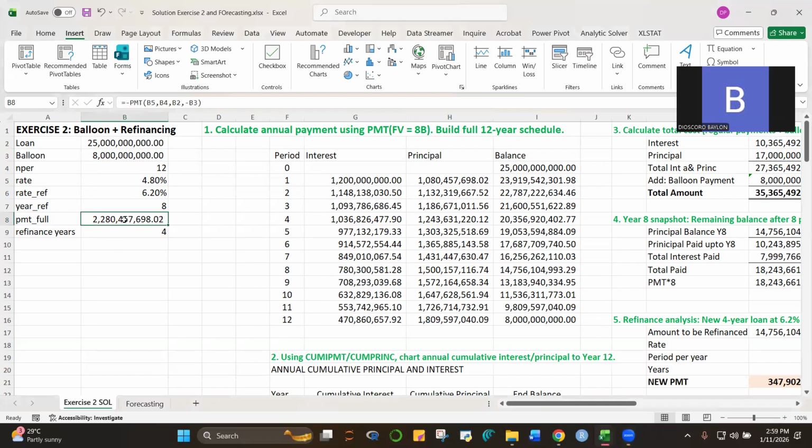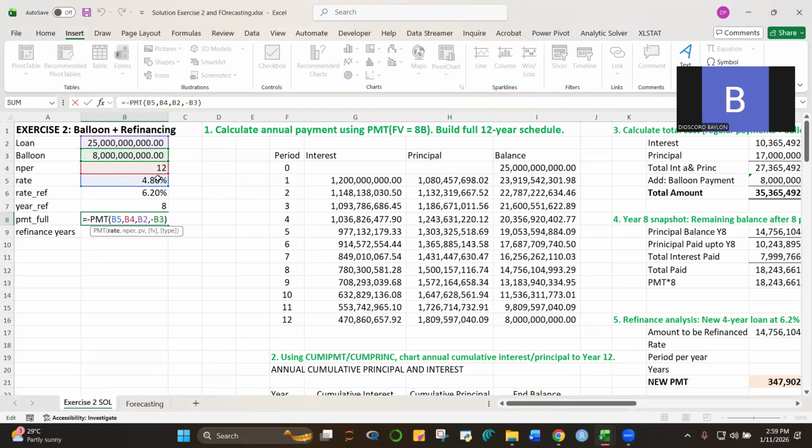We can easily compute for the annuity amount. So using the PMT function, we have the rate at 4.8%. Since it's annual, no adjustment needed. Our NPER is 12, 12 years.